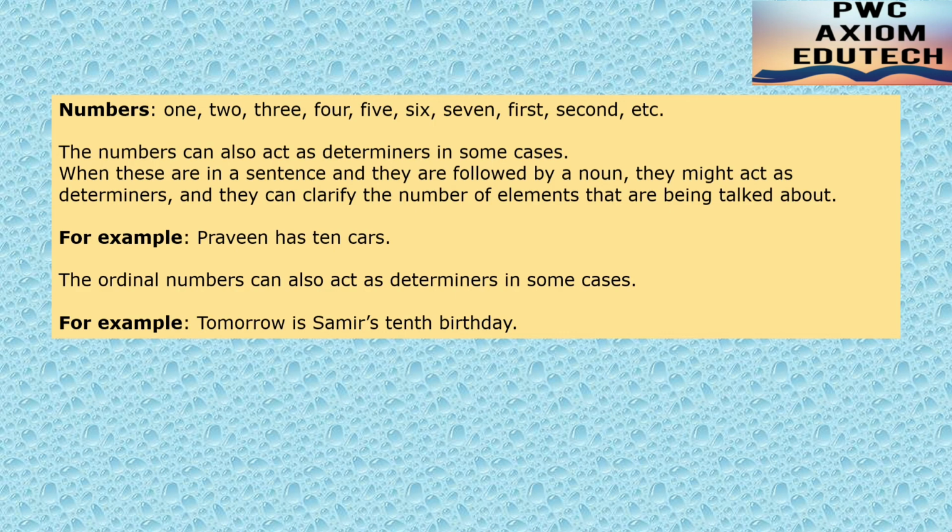For example, Praveen has 10 cars. Here the number 10 acts as a determiner. Or, for example, tomorrow is Samir's 10th birthday. Okay, so here you understood numbers can also perform as determiners.